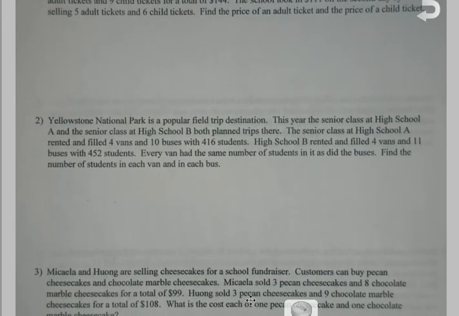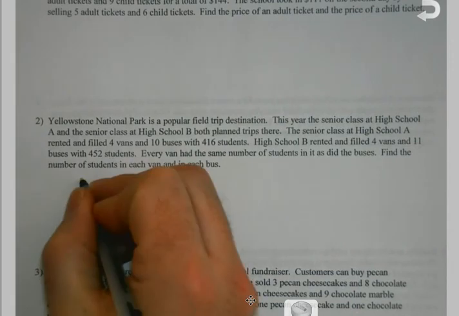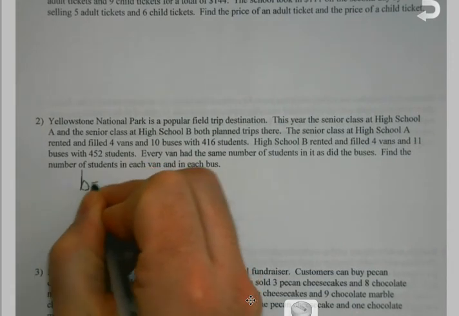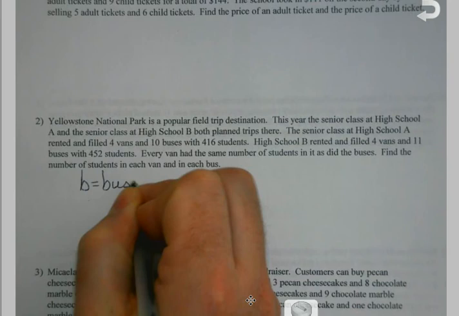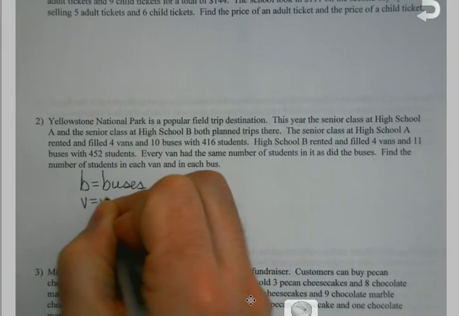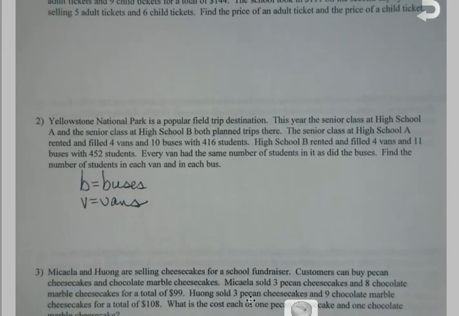What 2 types of things are we talking about on this one? Buses and schools. Buses, I agree with. And vans. Buses and vans, okay. And again, if you want to use X and Y, I say go for it, however that works.